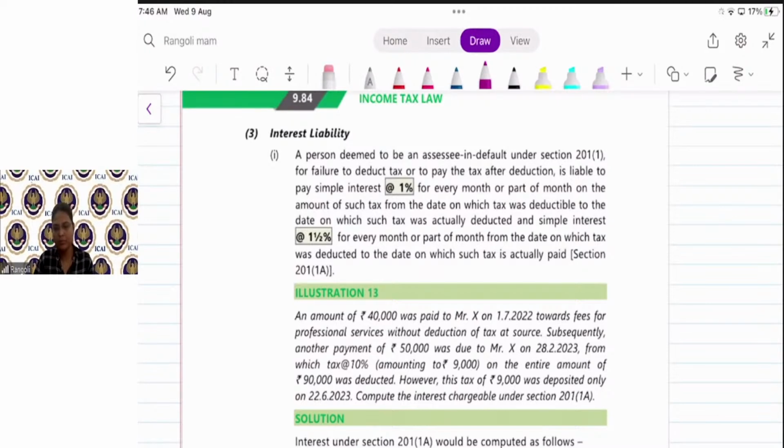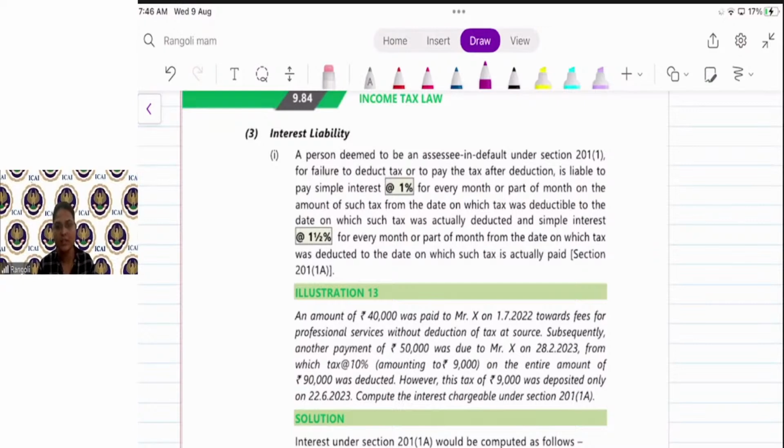Now, interest liability. If the payer is considered as assessee in default, he needs to pay interest, or prosecution is initiated against the payer.